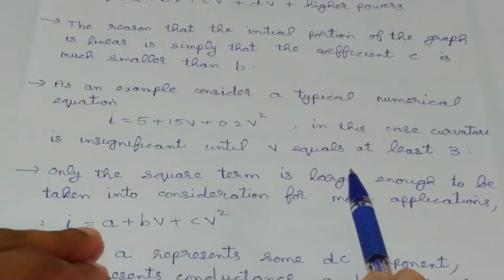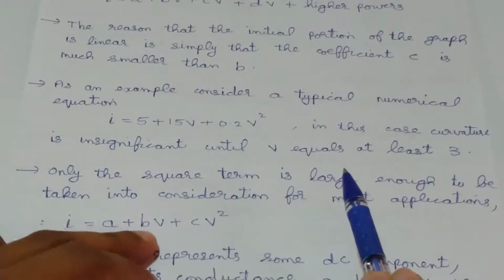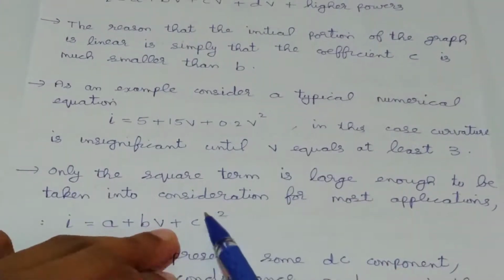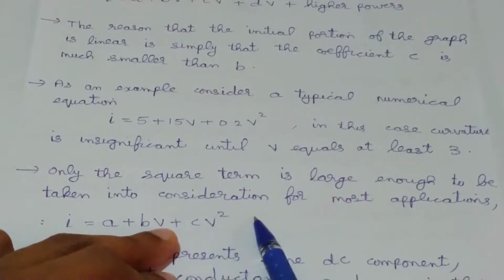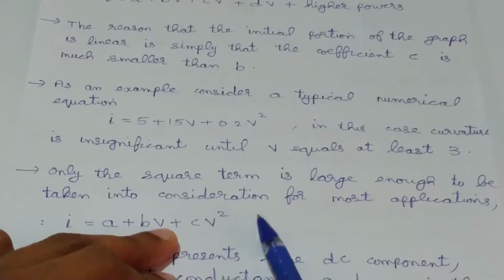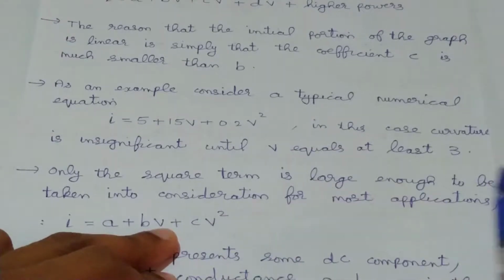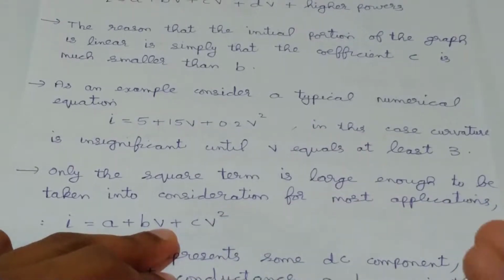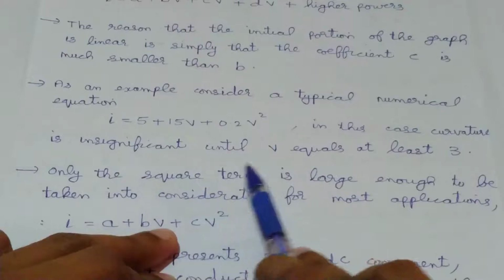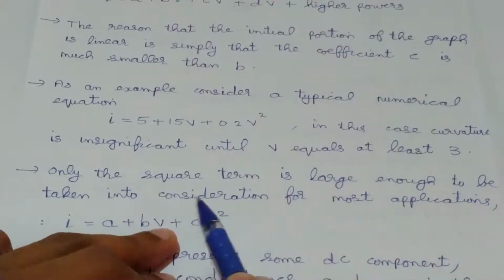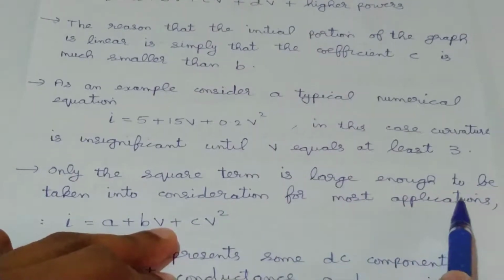So I is equal to A plus BV plus CV square, because the D coefficient that comes next is a very small value, and the higher coefficient values are also very small. So we can neglect those higher coefficient portions, and only the square term is large enough to be taken into consideration for most of the applications.